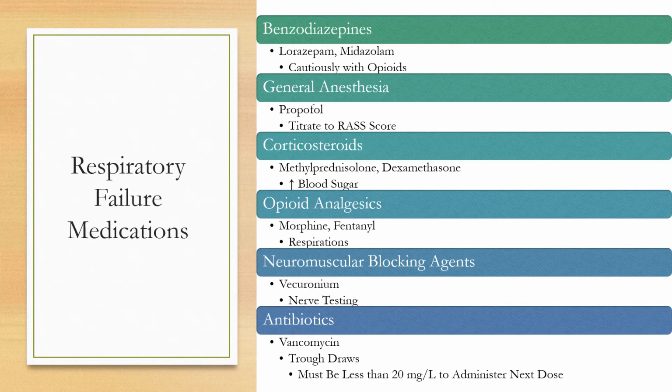Okay, so let's just talk about some of these drugs. A lot of these drugs that you're looking at here is when we're looking to sedate someone and intubate them. So benzodiazepines, well, they can actually shut down someone's breathing. So someone might be really anxious while they're gasping for air and short of breath. So we would be careful not to give them too much benzodiazepines unless we've made the decision that, okay, let's put them to sleep and intubate them.